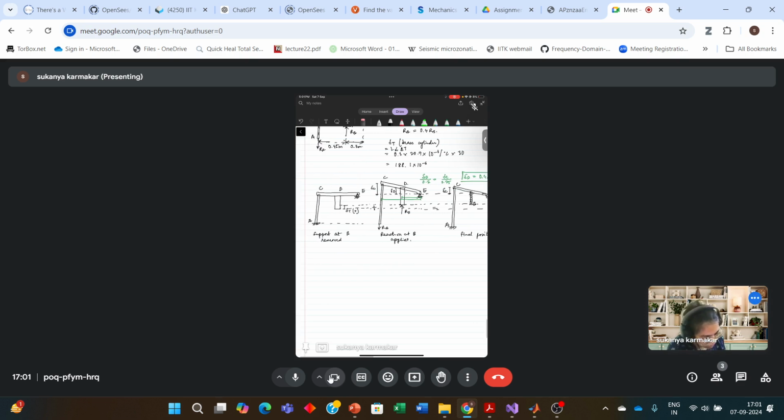So basically, here we are doing a superposition of thermal and restraint force deformation.